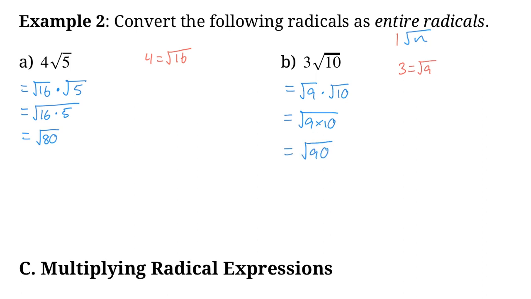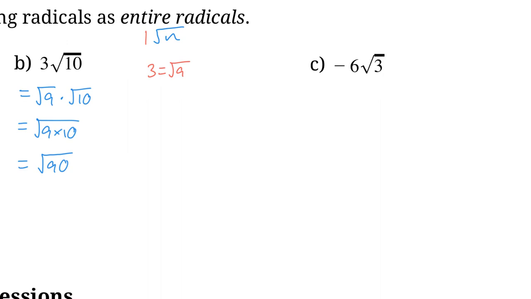So our next example is negative 6 root 3, and we want to change that negative 6. But we can't actually write anything that has a negative 6 equal to the square root of something because the square root of any number will not be a negative number. So we're actually going to get rid of that negative.